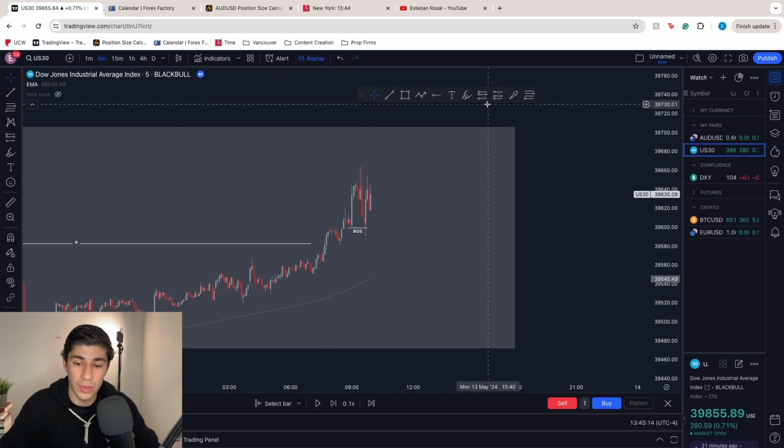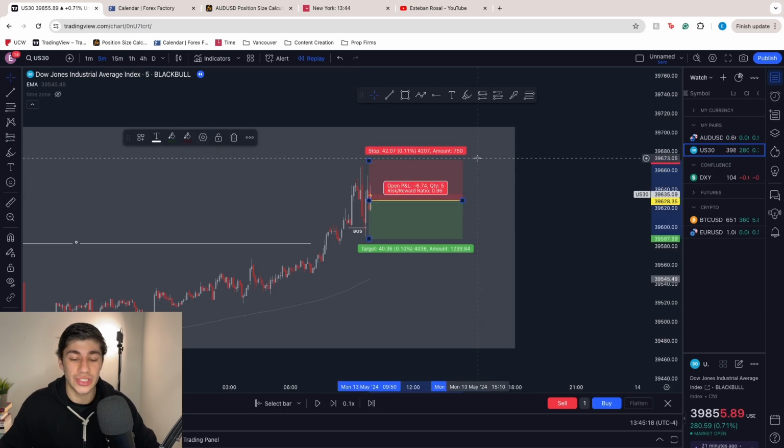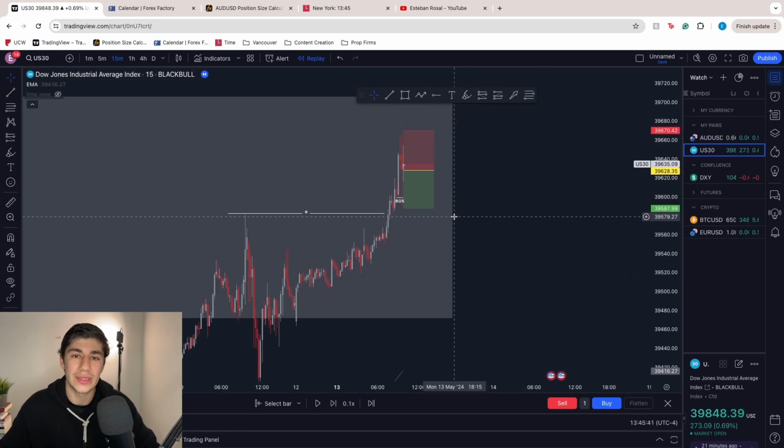So I placed my entry at this point, understanding that, first, price took Friday's high. Second, price was holding a gap in the daily. And third, we were completely bullish since Friday. You can see that price was continuously going up since Friday, so I wanted to see a reversal based on my strategy.